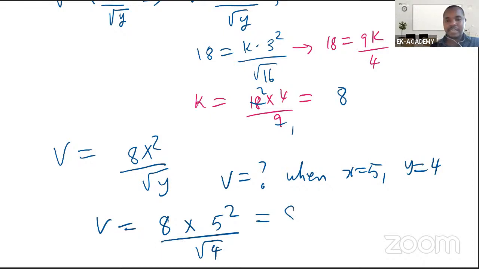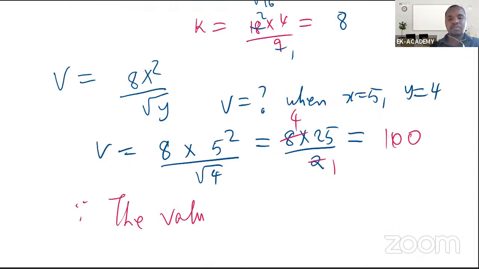We get 8 times 25, divided by 2. You simplify by 2, 1 by 2, 4, you get 100. Therefore, the value of V is 100.